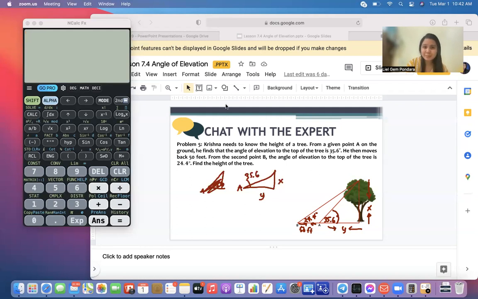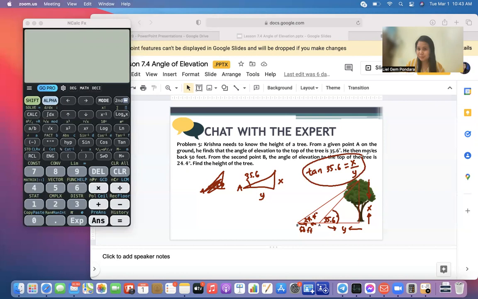This is already the last problem. Is it sine, cosine, or tangent? You see here? Yes, what's the answer? Tangent. Very good. We'll use the tangent. So we'll have tangent 35.6 is equal to x opposite over y.